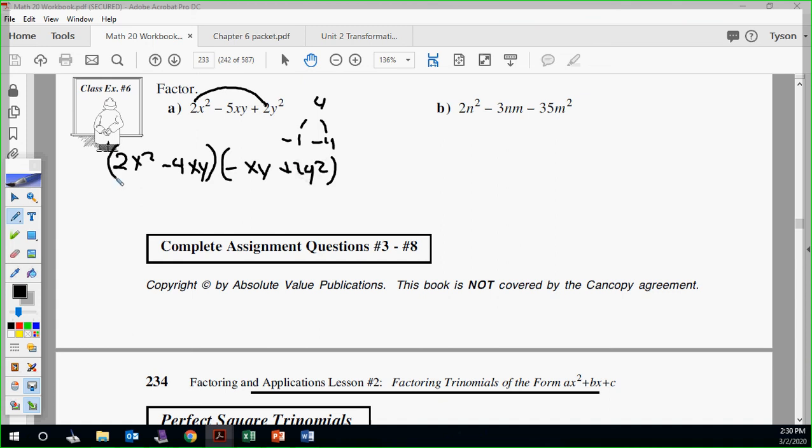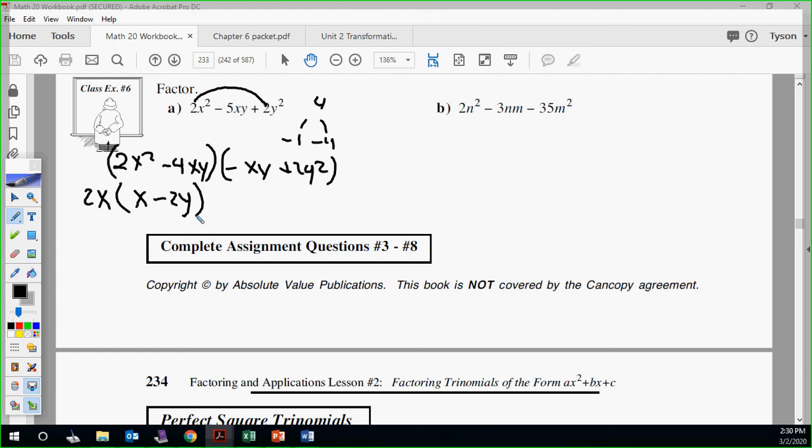So nothing's really been different so far compared to the old stuff. You just have to pay attention to your common terms now. So what's that first bracket have in common? 2 and an x. Good. 2, and they both have an x. So that's what we're going to take out. So that gives me x minus 2y. So I took a 2x out of here, so the 2 and one of the x's came out, 1 left over. 4 divided by 2 for -2, the x came out, the y's left over.